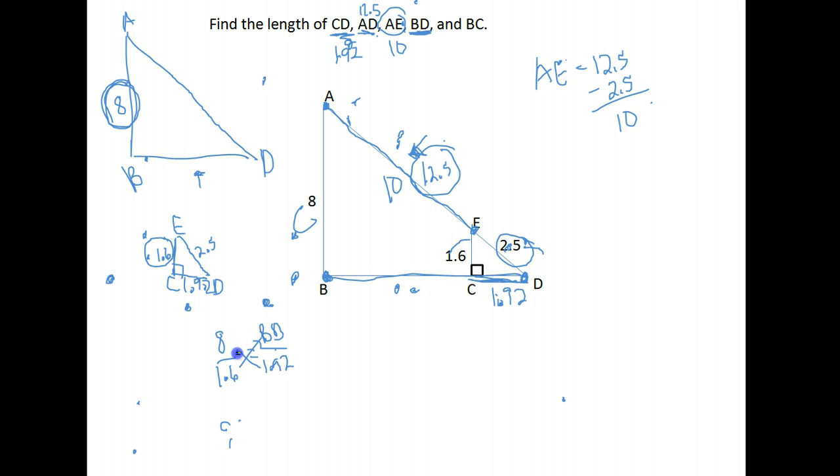We go ahead and cross multiply, leaving the equal sign in the middle. On the left we have 1.92 times 8, and on the right we have 1.6 BD.